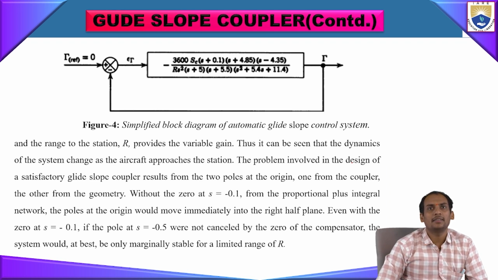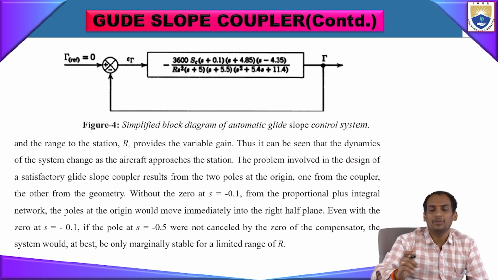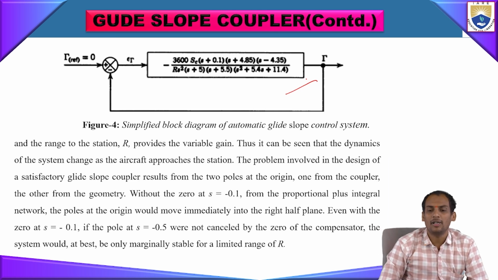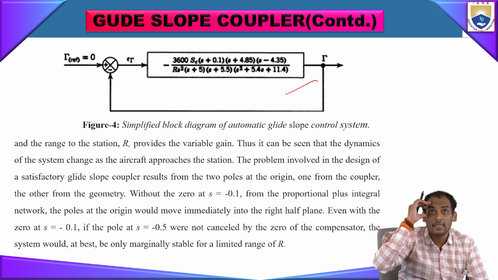The range to the station R provides the variable gain. Here you see the total transfer function, a simplified block diagram for the glide slope coupler having that epsilon t transfer function.